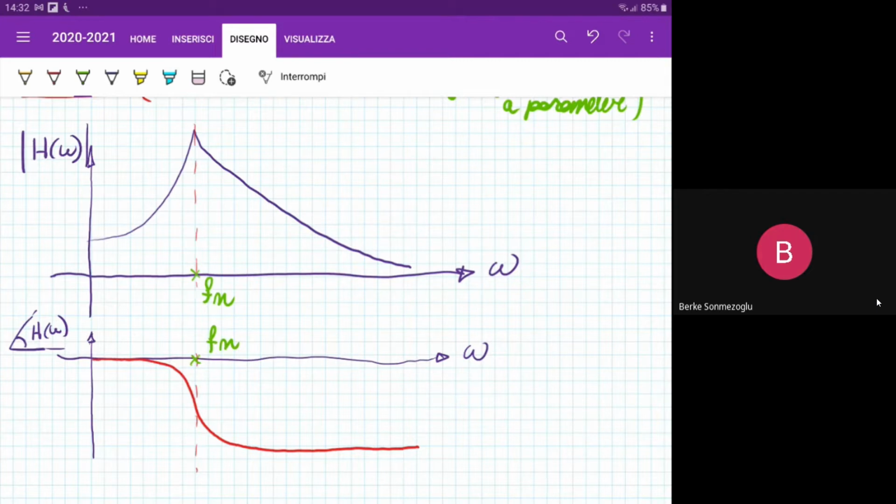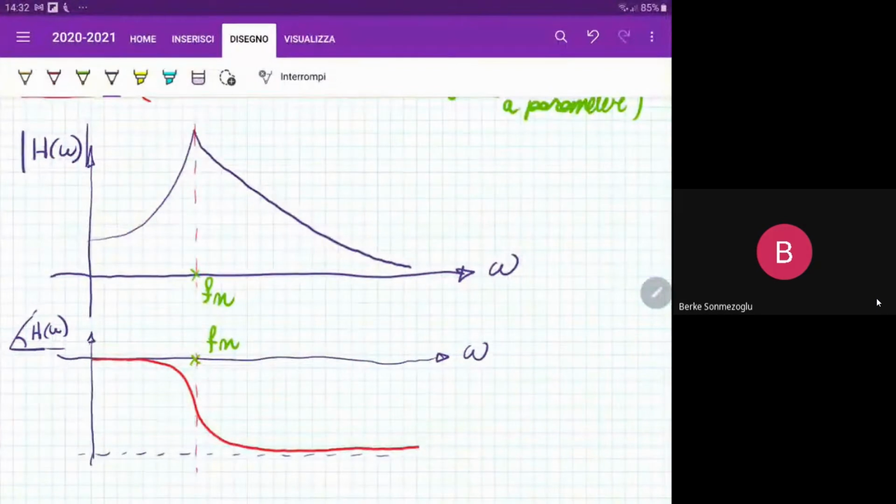Quadrature condition because your phase angle is a quantity that is going from 0 up to negative pi, passing through the quadrature condition, negative half pi.